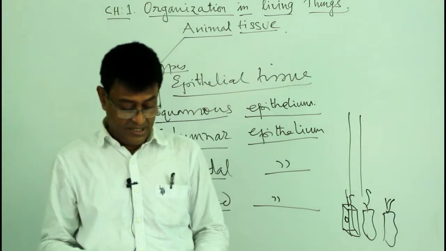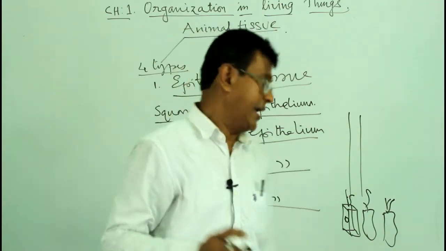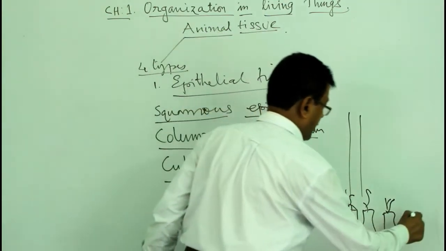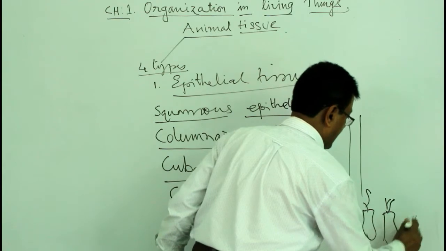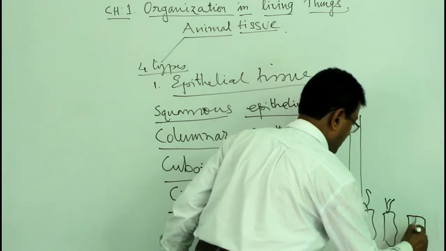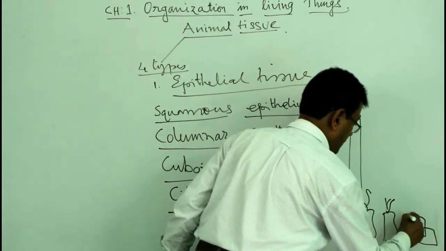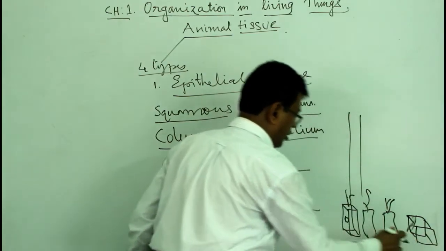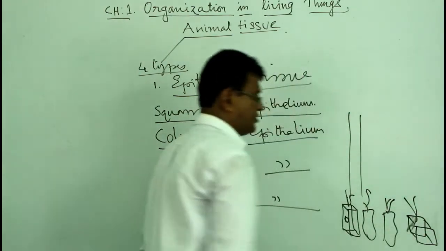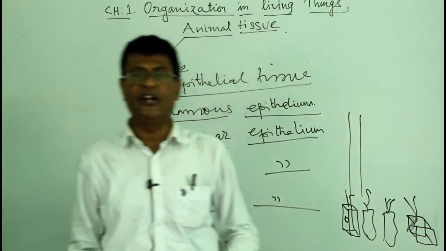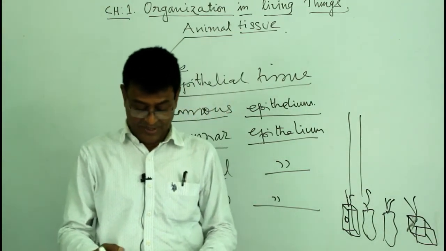The cells may be columnar or cuboidal type, but whether cuboidal or columnar, the cilia will be there, and so it is ciliated epithelium.